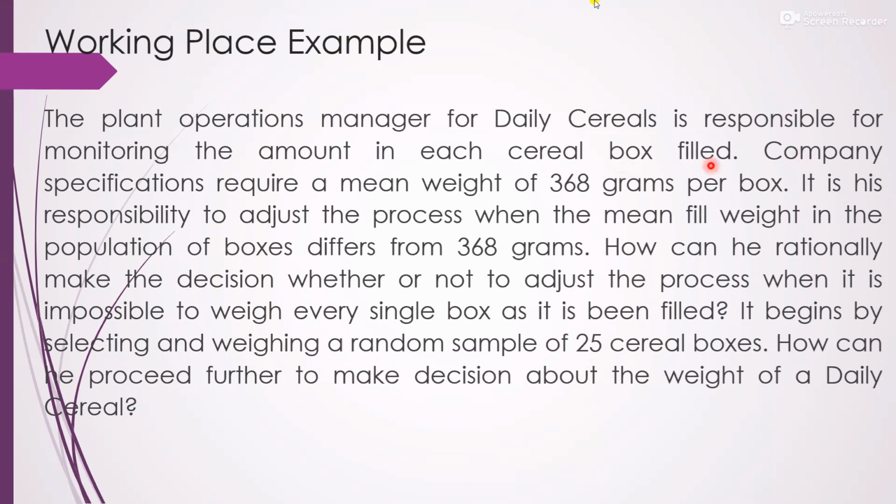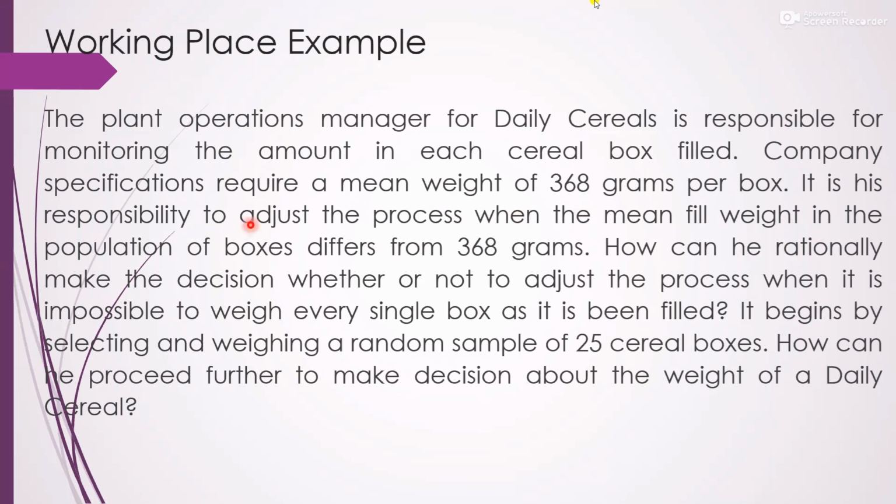But in the standard of the company, the mean weight per box should be 368 grams, right? Each and every box must contain 368 grams. So if the filling process does not fill the accurate weight, then it is the operations manager's responsibility to adjust the process.